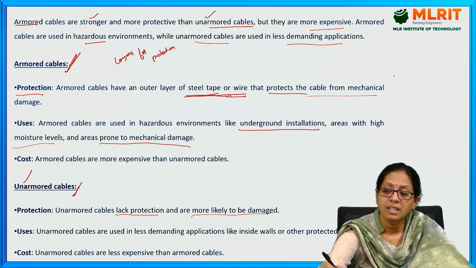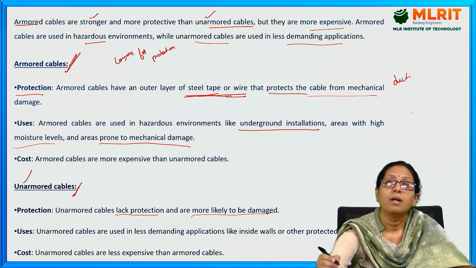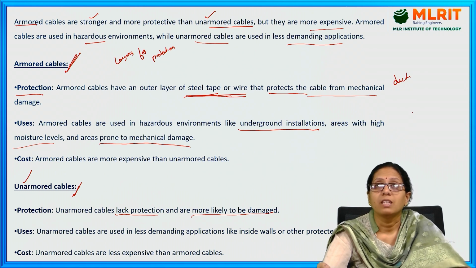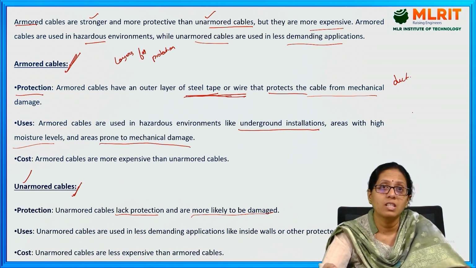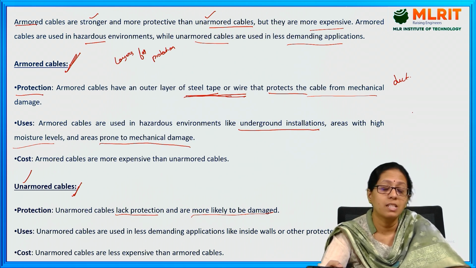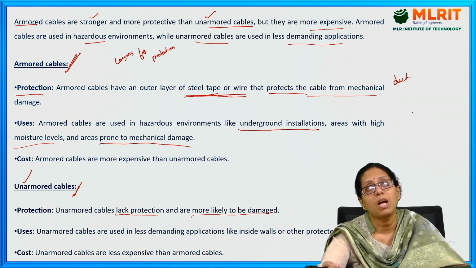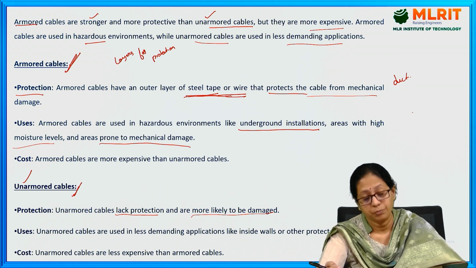As I said, duct means inside the walls. So inside the ducts, we will be using these unarmored cables, and the cost of these cables is less when compared to the armored cables.